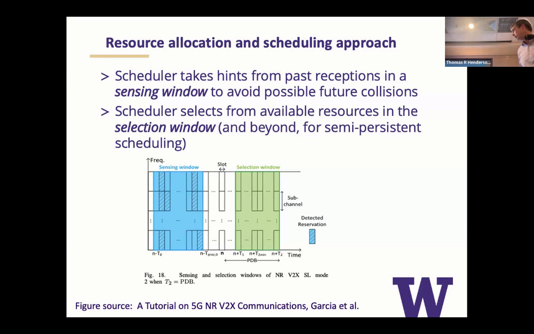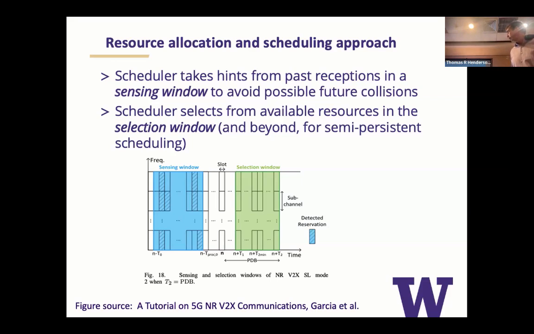So what's defined is what's called a sensing window. This is a number of slots that occurred in the past. And basically the scheduler asks, in the standard, it talks about asking the physical layer to provide information about what transmissions were decoded within this sensing window.